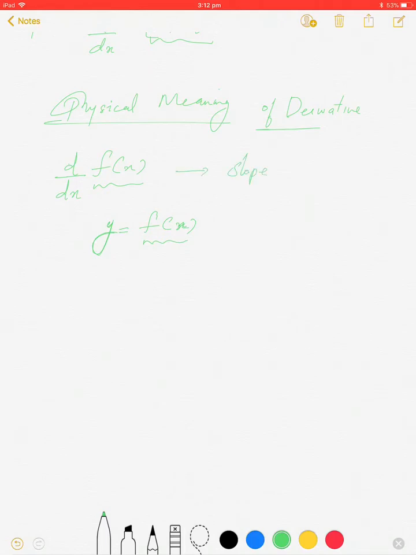So what we think is, suppose we are drawing x versus y, these are the coordinates, and we have a curve like that. Then this will give the tangent. This is the tangent to the curve. So we can find the slope of this curve at this point. At any point we can find the slope of the curve.